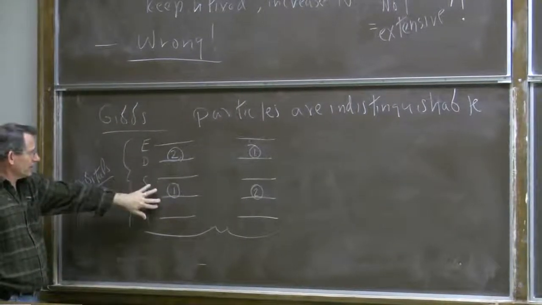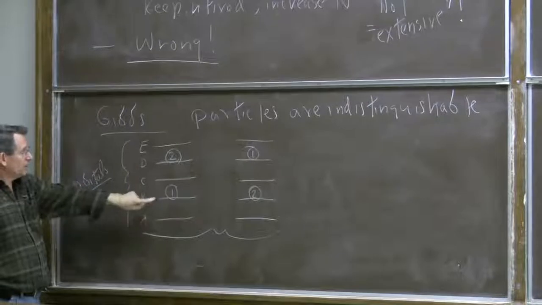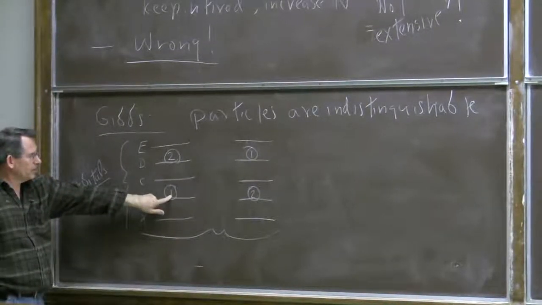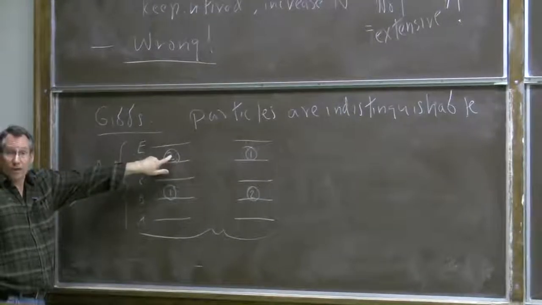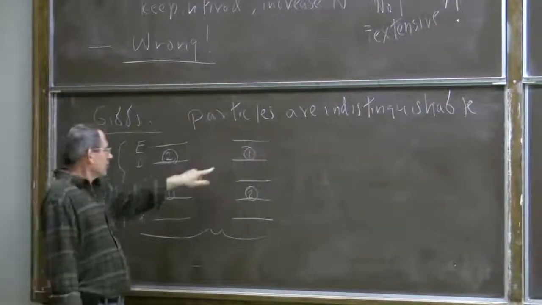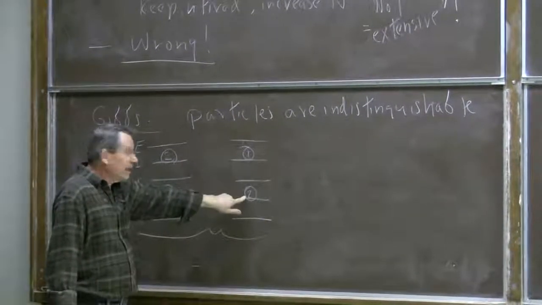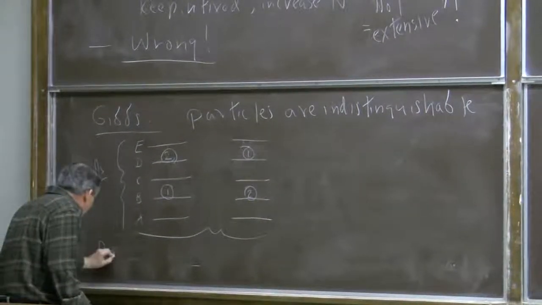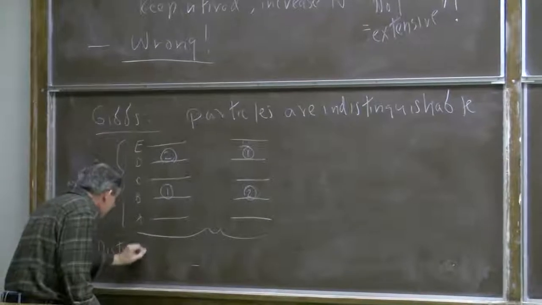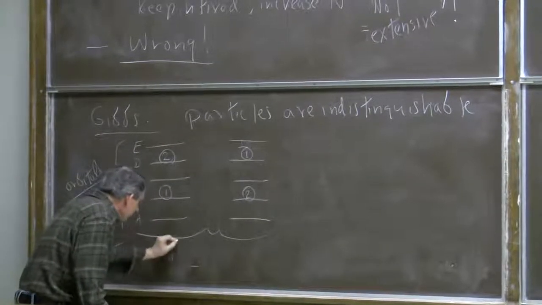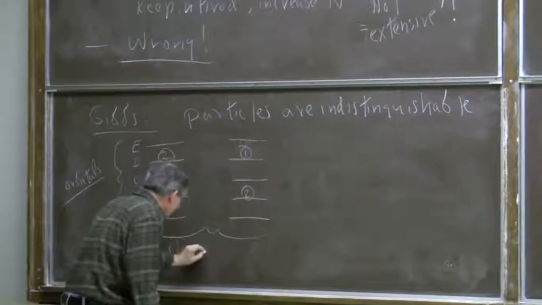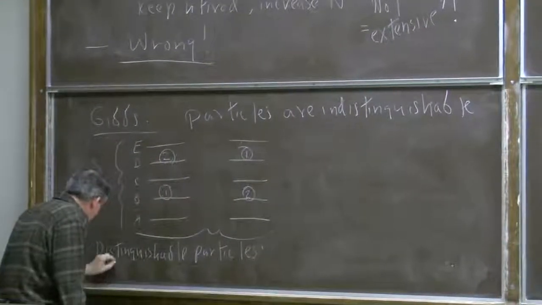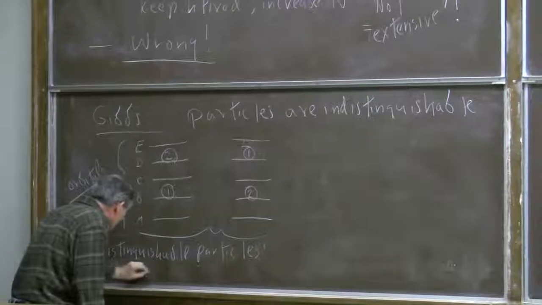The orbitals that are occupied are B and D. But the particles have labels, so I can tell the difference between particle 1 being in orbital B and particle 2 being in orbital D, as opposed to particle 1 being in orbital D and particle 2 being in orbital B. So for distinguishable particles, these are two distinct states.